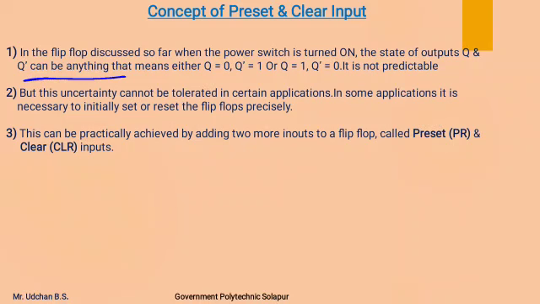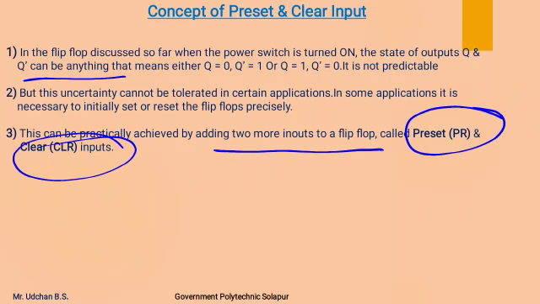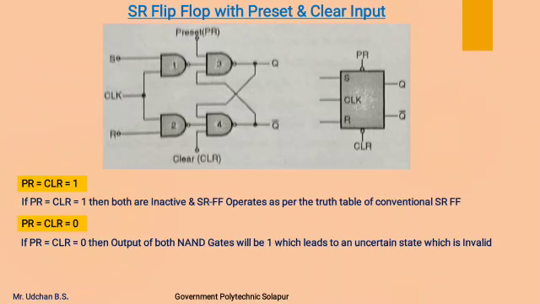This can be practically achieved by adding two more inputs to a flip-flop, which are called preset and clear inputs. We will see how these inputs help to have the output values in the set mode or reset mode.